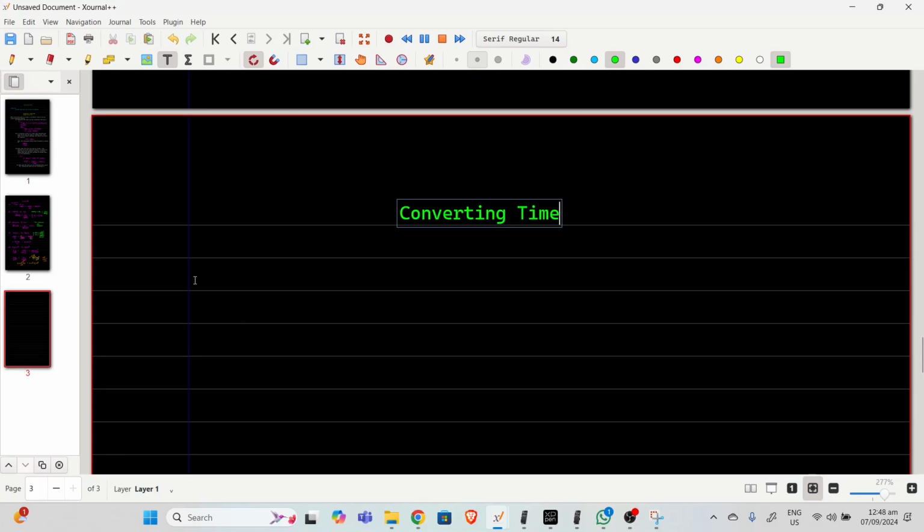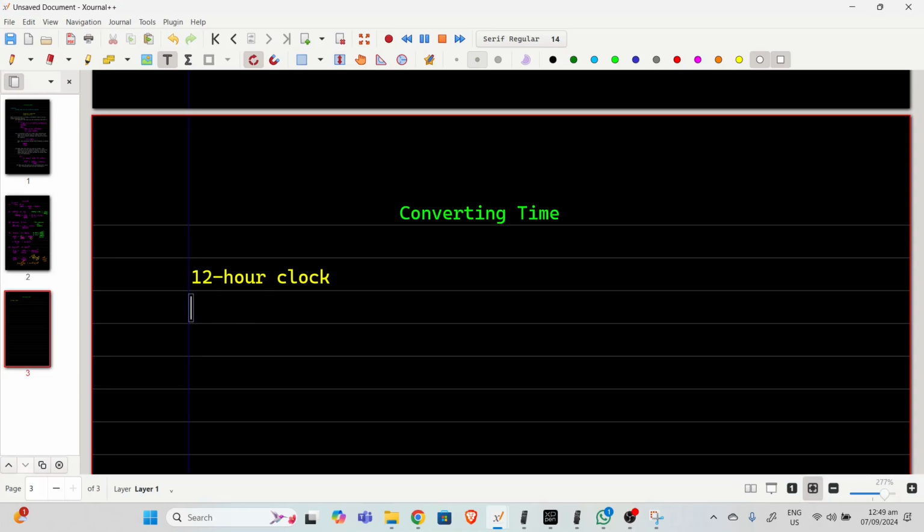So let's start off with this. So we have here the 12-hour clock. All right, we're going to start off with the 12-hour clock. Now, the 12-hour clock is the type of clock that we use.